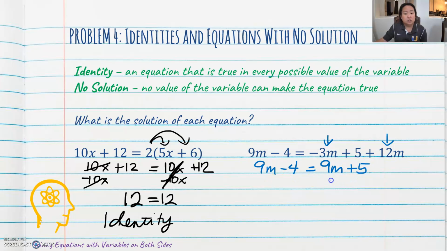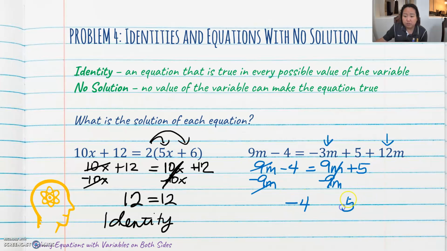All right, and so like what we always do, all the variables on one side, all the constants on the other side. So we will subtract 9m on this side and put it over here. Okay, now as you can see, 9m minus 9m, that's going to be 0 again. So that's going to be canceled. And what are you left with? You have a negative 4 on the left side.